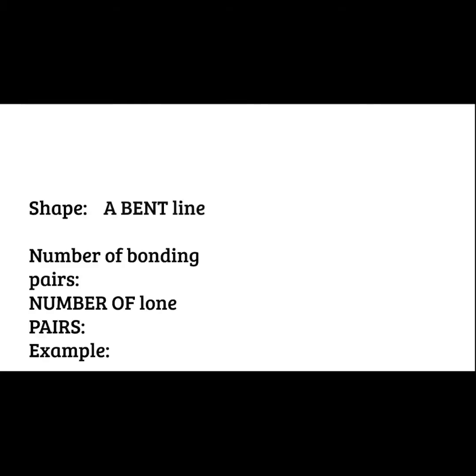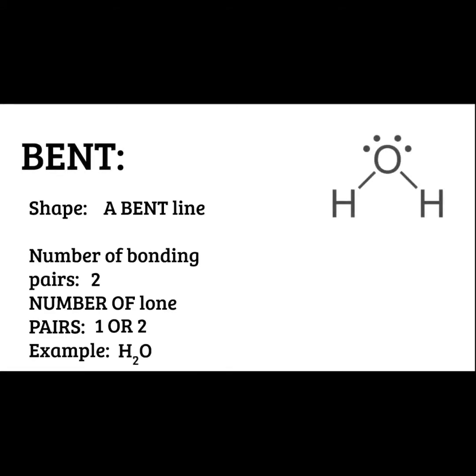The next one is bent, so it's just a bent line. There's going to be 2 bonding pairs, 1 or 2 lone pairs. An example of this is H2O. So my water molecule looks like this. It's not in a straight line because those 2 lone pairs at the top are actually going to push down on the bonded pairs, the lines, and that's what makes it have that bent shape.